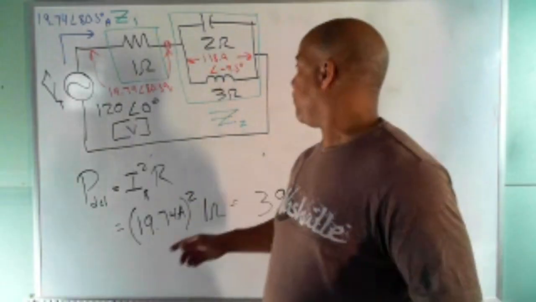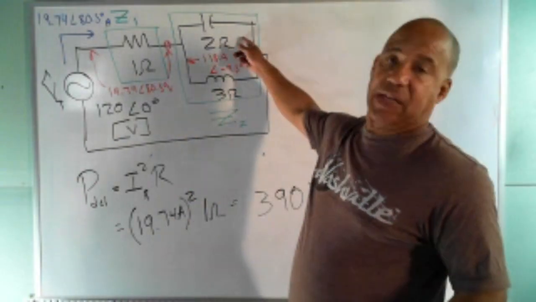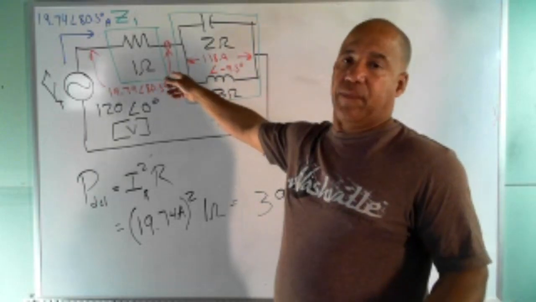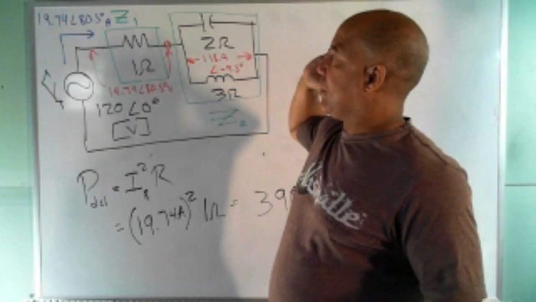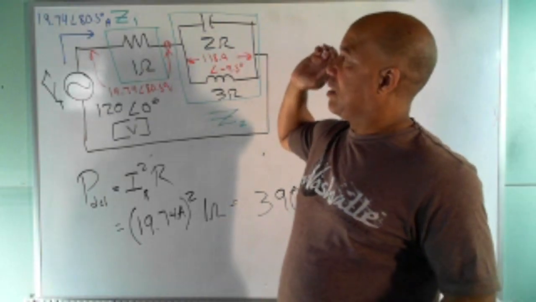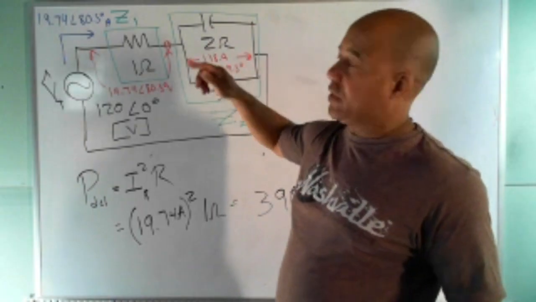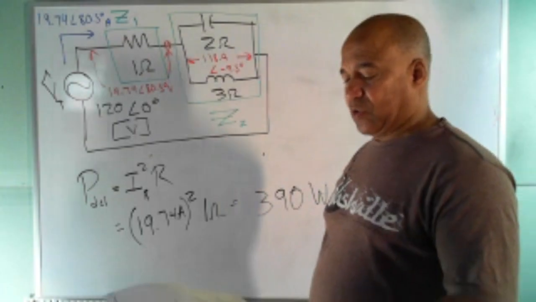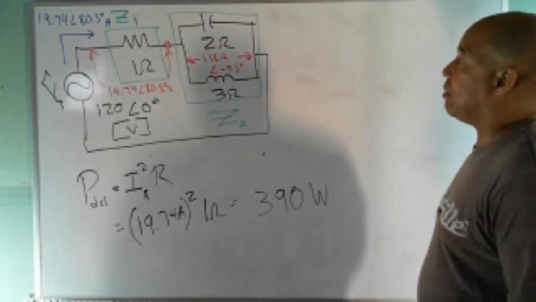The answer is reactive components cannot dissipate power. They have absolutely no effect on the power delivered. The only thing that can dissipate power, the only thing that can change electrical energy to heat energy would be a resistor. And then the last thing they want us to do is find the power factor.